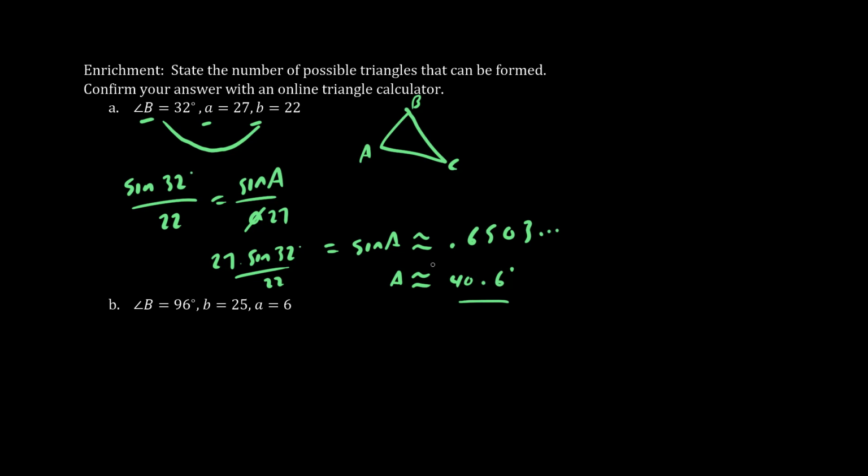Sometimes we may be having the sine law ambiguous case where we consider the possibility that A2 is going to be 180 minus 40.6, which is approximately 139.4 degrees. Again, this angle is good because around 140 degrees plus 32, we still don't exceed 180 degrees. So these two possibilities are fine. So we'll say there's two possible triangles.